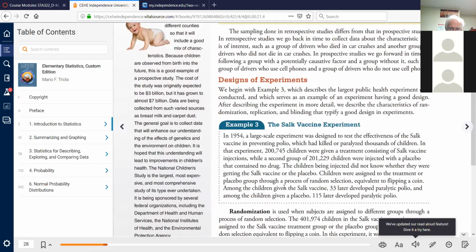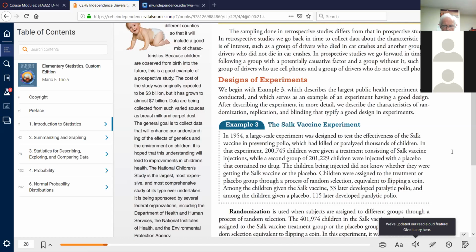So let's go back and look at one of the largest public health efforts, and it turns out to be an effort that I find myself having been a part of, the Salk vaccine experiment, which was done in the early 1950s, where 200,000 children were given a treatment consisting of the injectable Salk vaccine, and a second group were injected with a placebo.